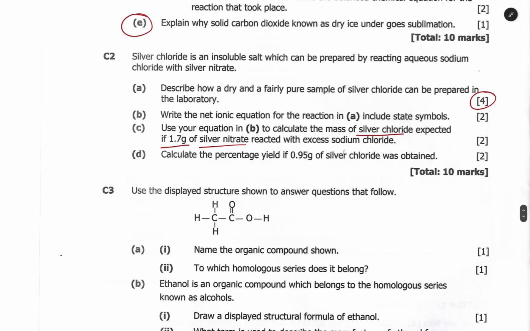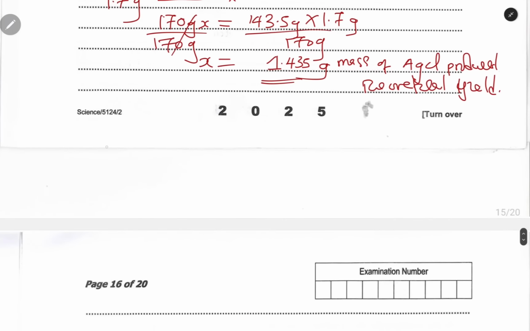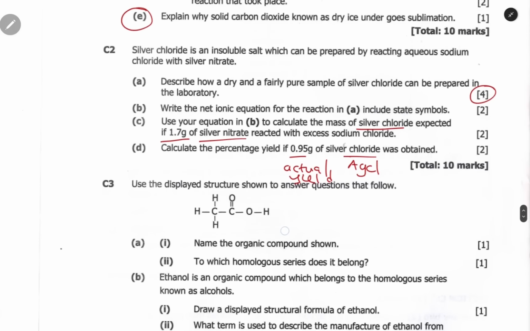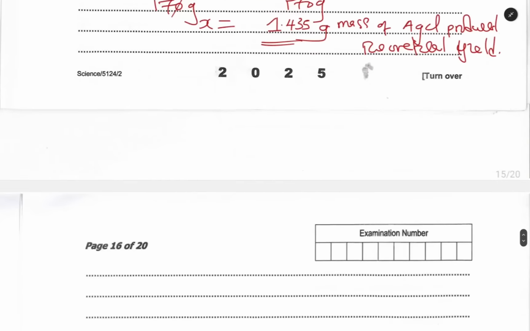Then calculate the percentage yield if 0.95 of silver chloride was obtained. So this is the amount obtained, which is the actual yield. To calculate the percentage yield, this is question D, the last question.